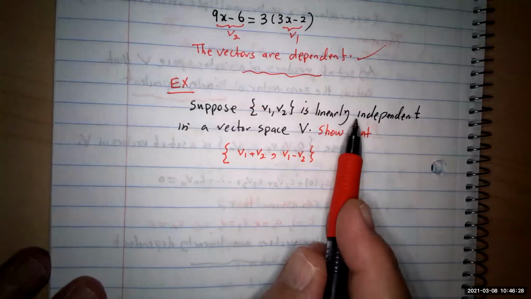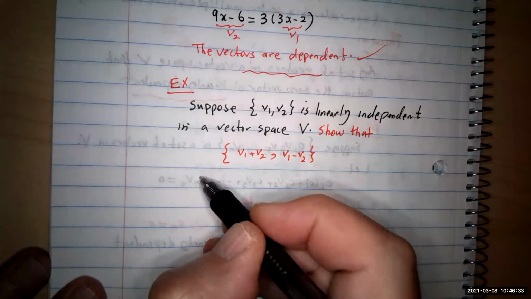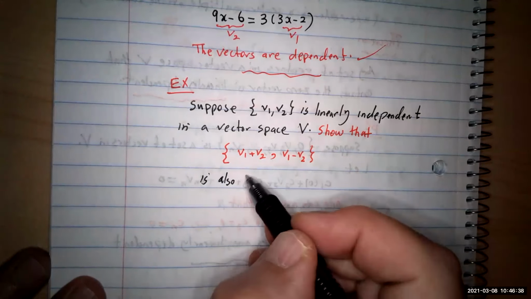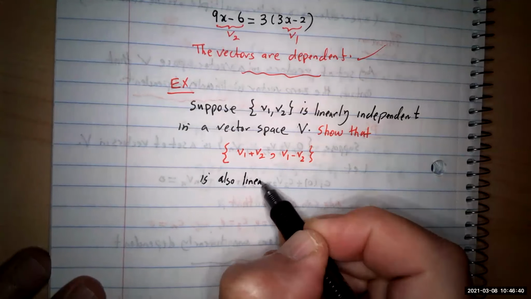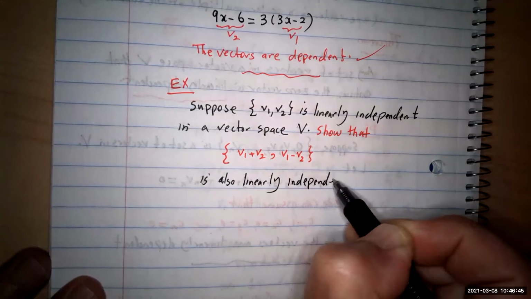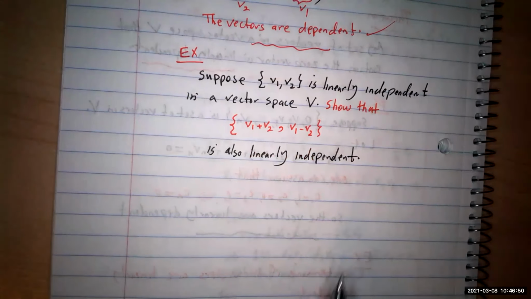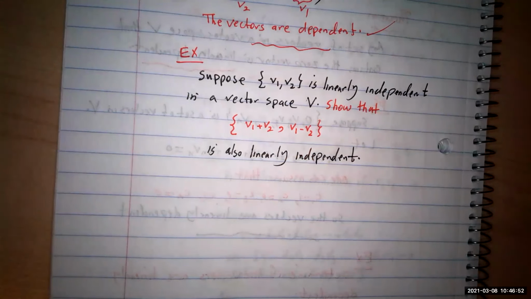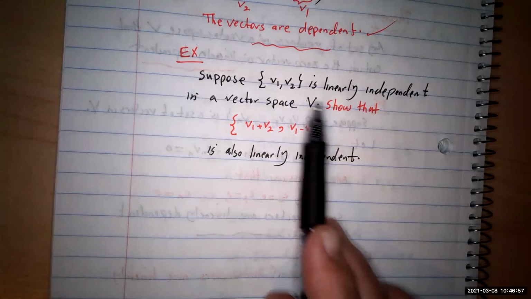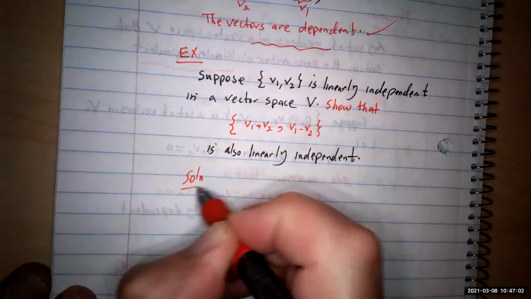You know that V1 and V2 are linearly independent, and you want to show that this is also linearly independent. The given is V1 and V2, and this is what you want to prove. You have to focus on what you want to prove and get the result from the given. It's very standard, and this is the way we solve this type of problem.